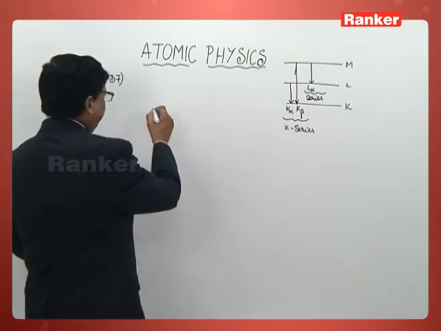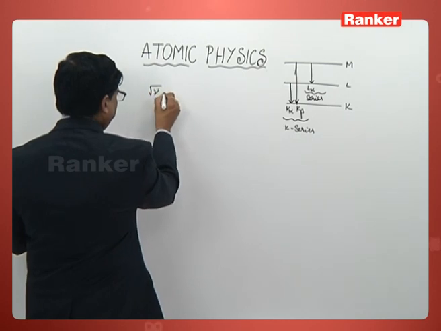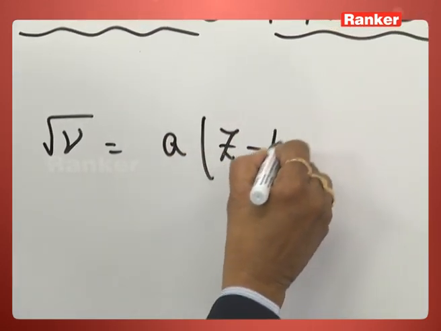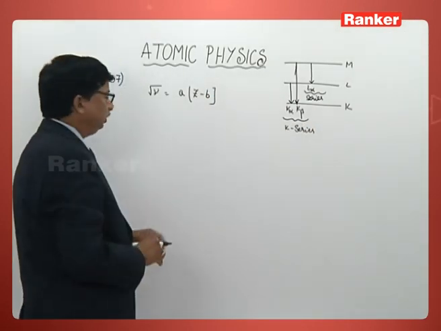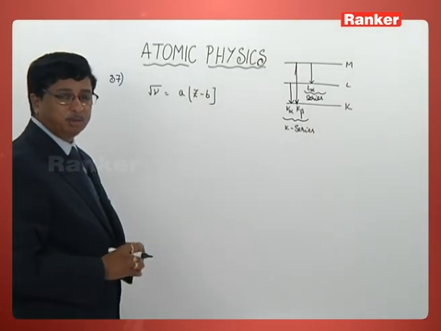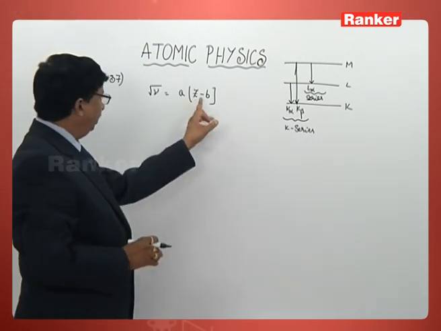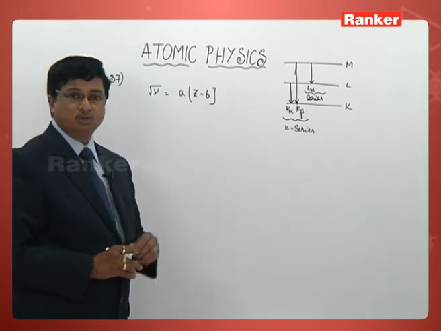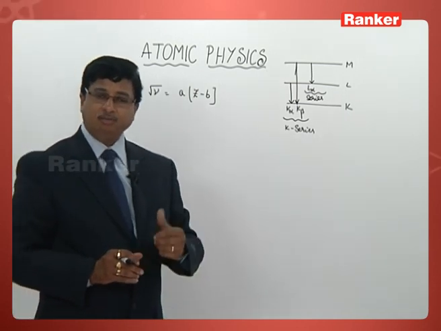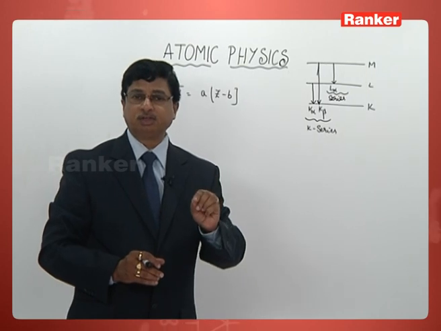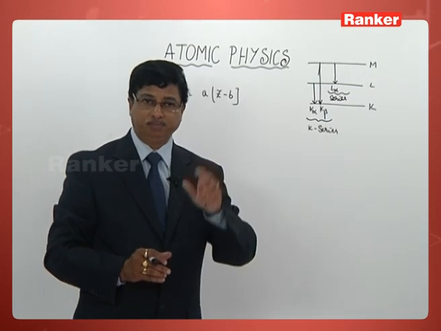So you can directly write: root nu is equal to A into Z minus B. That is the equation we write as Moseley's law. A and B are called Moseley's constants, the value of Z is the atomic number, and nu represents the frequency of the spectral line obtained.